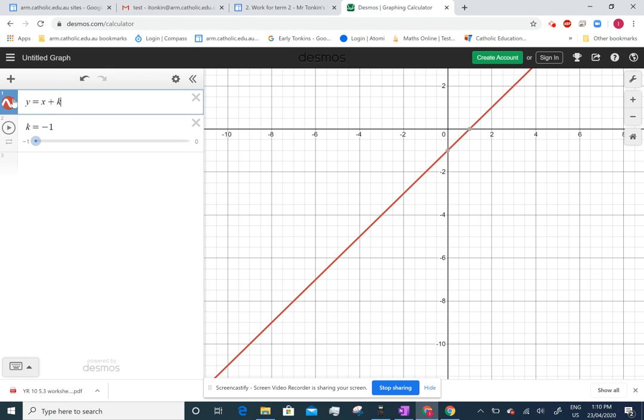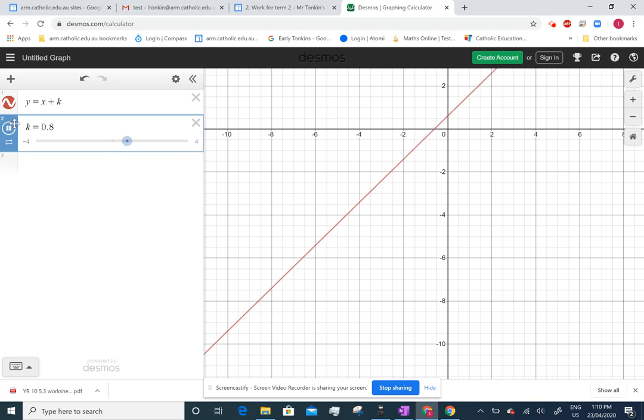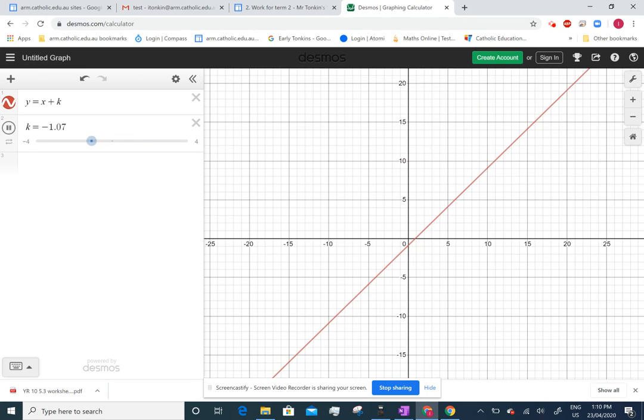And we'll go from negative 4 to 4. And let's let that go. So there's our line, and it's just moving up or down between 4 and minus 4.